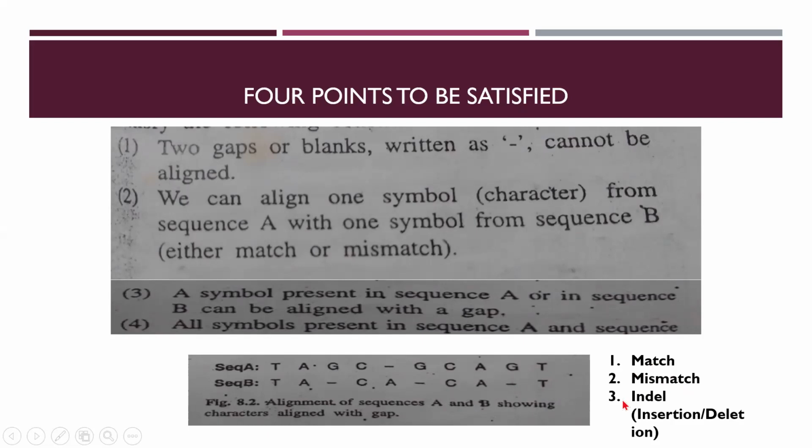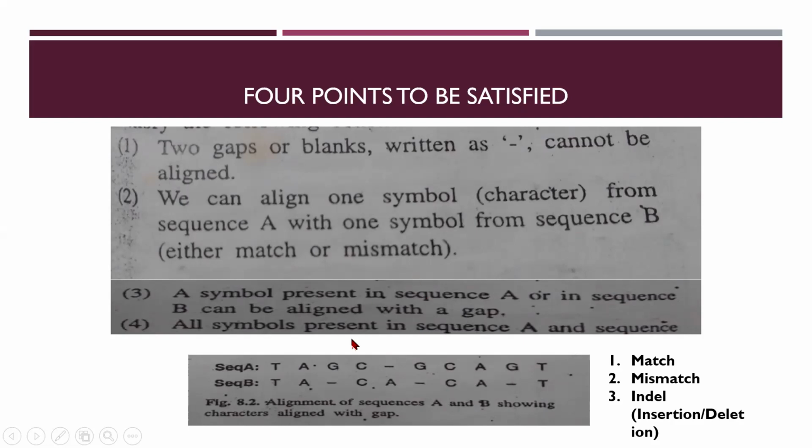And the third possibility we would see in alignment of sequences is indel. This indel is nothing but insertion or deletion. What is this insertion or deletion? When the gaps are aligned against the characters, if the gap is present in the bottom row, it is called deletion. If the gap is present in the top row, it is called insertion.